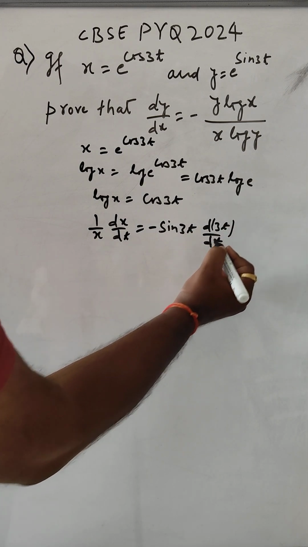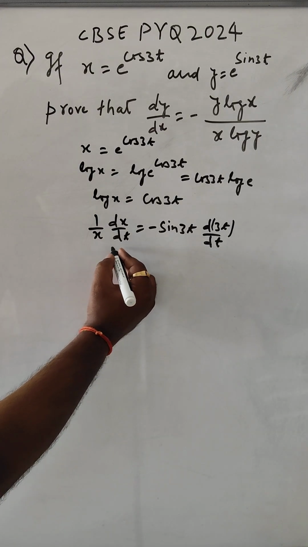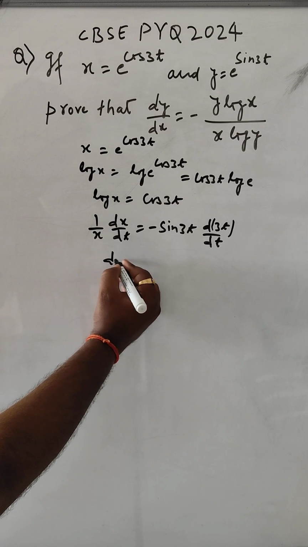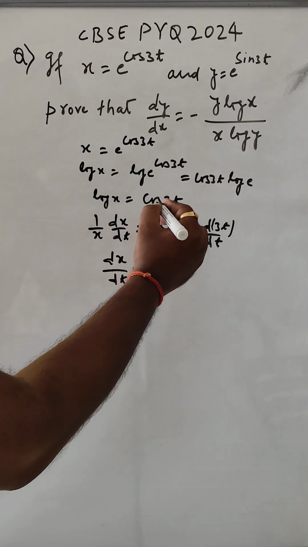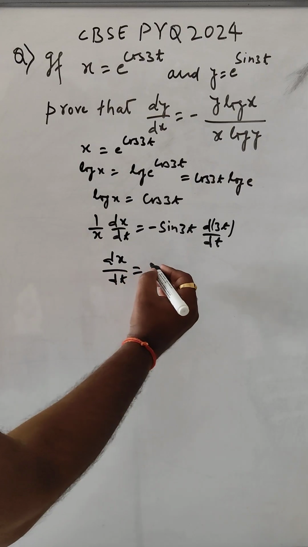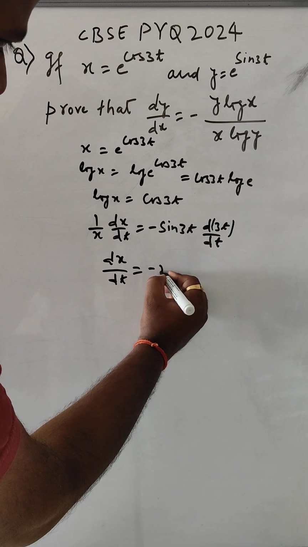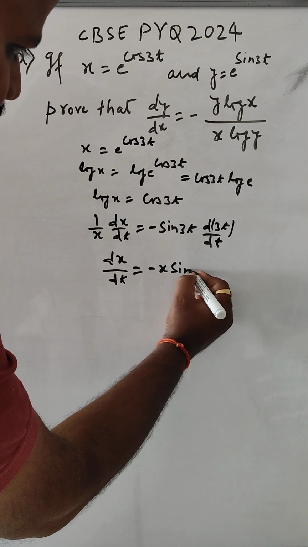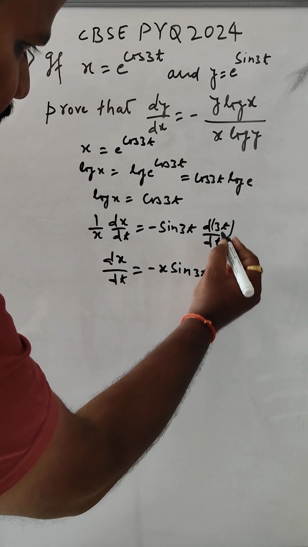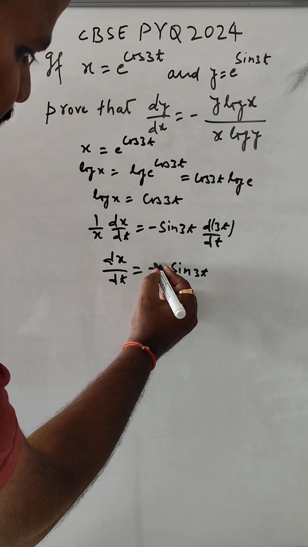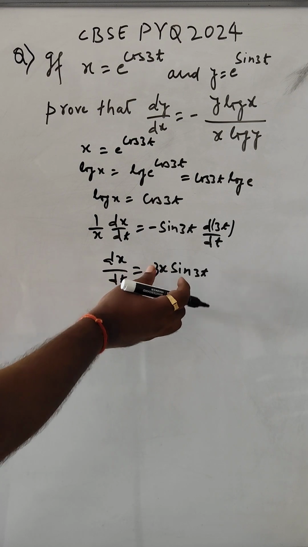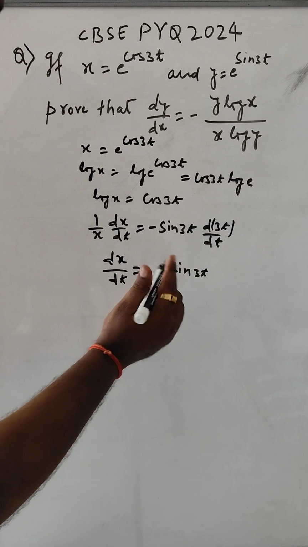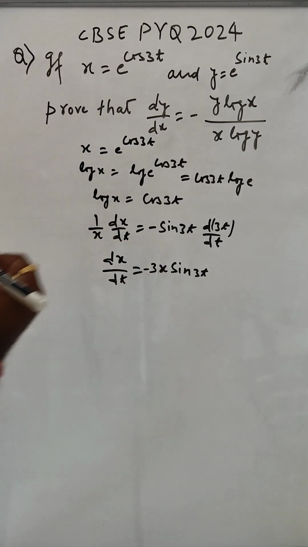We can put this into brackets for better understanding. Now dx by dt is equal to what? We can bring this x to this side. So minus x sin 3t, and the 3 we can write in the beginning, so it is minus 3x sin 3t.